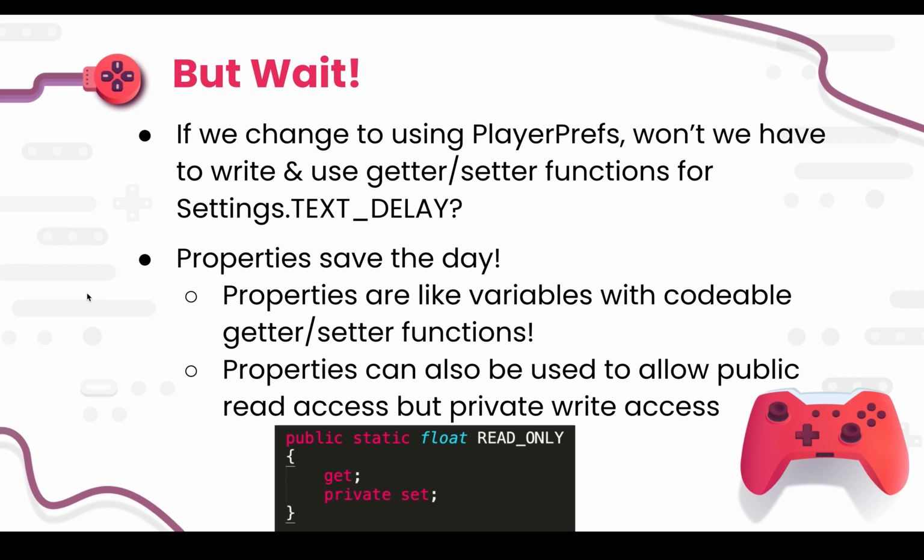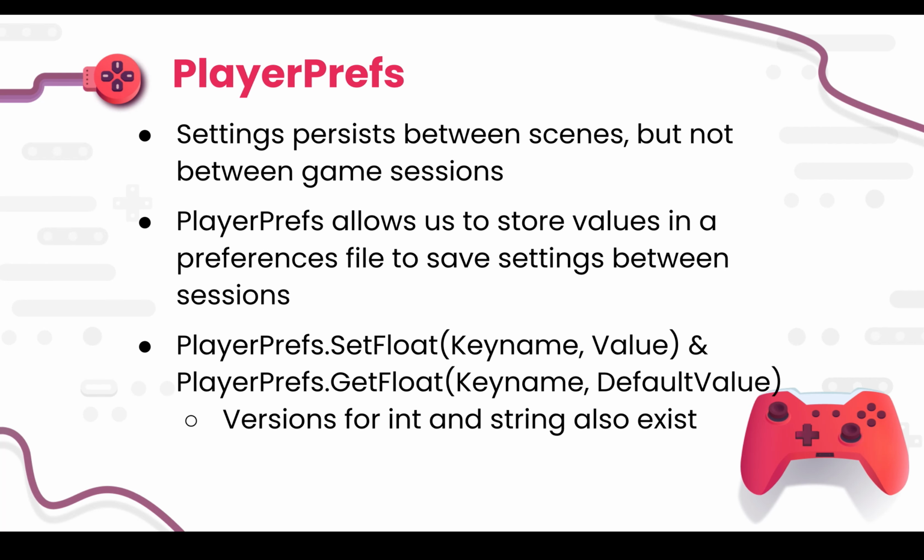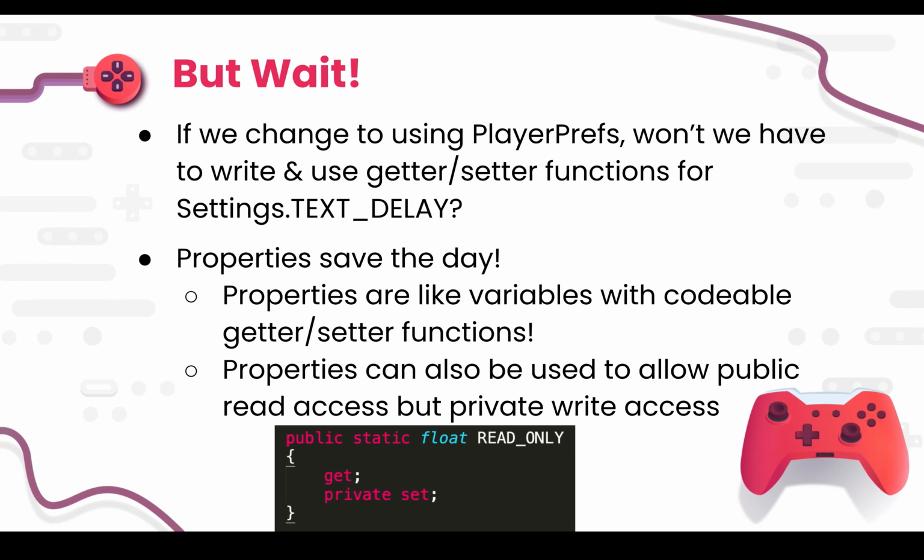However, if you think about this, there's an issue with changing to PlayerPrefs, because we have to call these functions to set or get our text delay, which means we can't just reference it using settings.textDelay. Except C# has a handy feature called properties. Properties are like variables, except they have codable getter and setter functions.